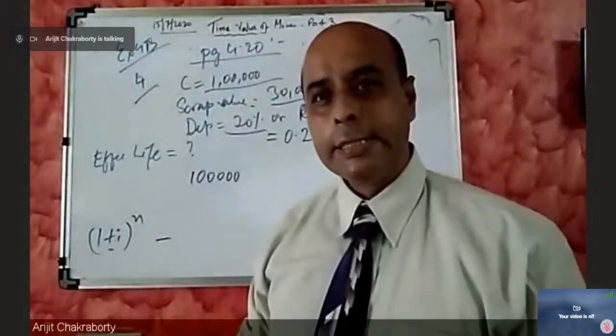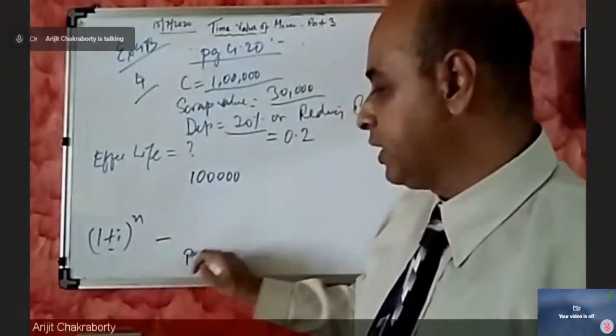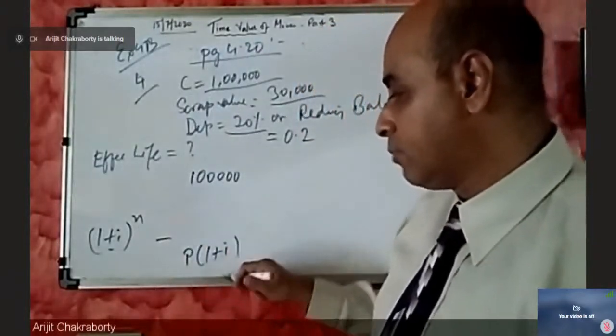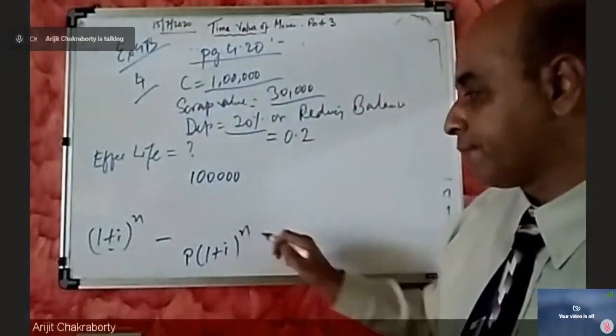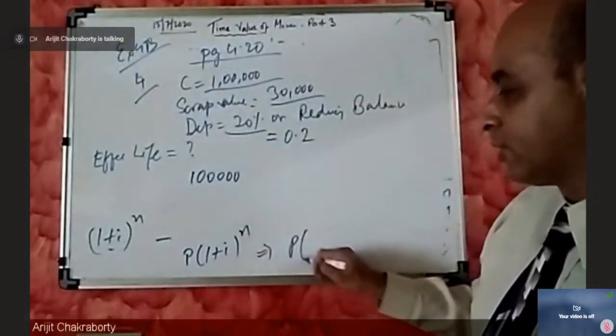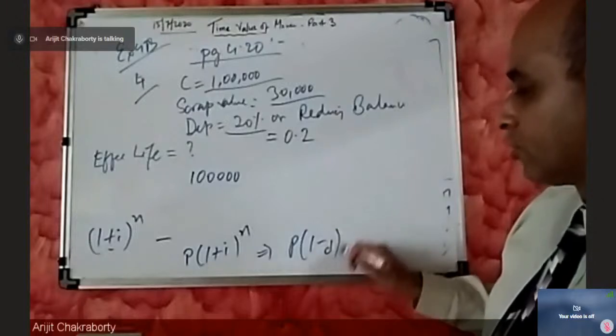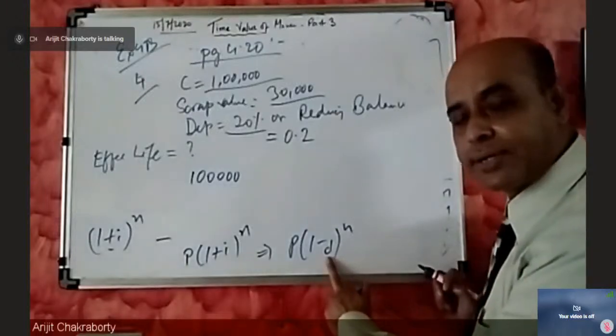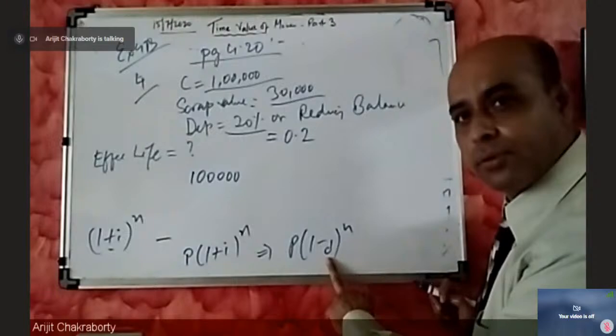Normally we do P into (1 plus I) to the power n, but here we will do P into (1 minus D) to the power n. Here, D is the depreciation rate. See if you are clear with this, please.